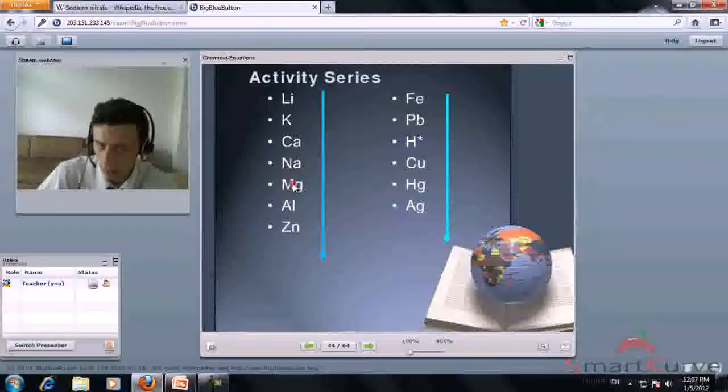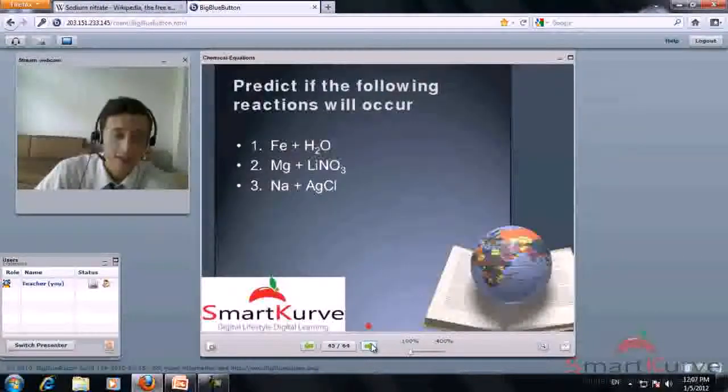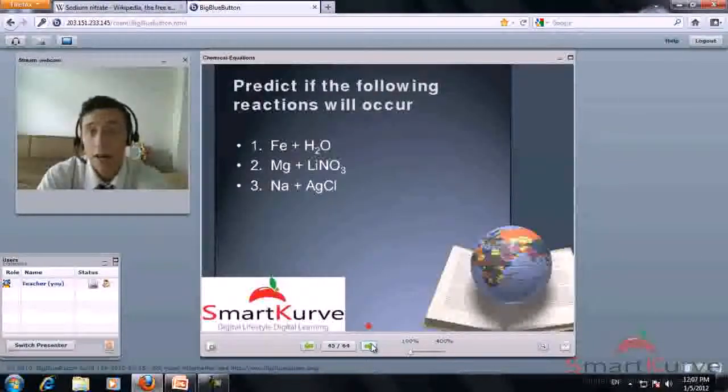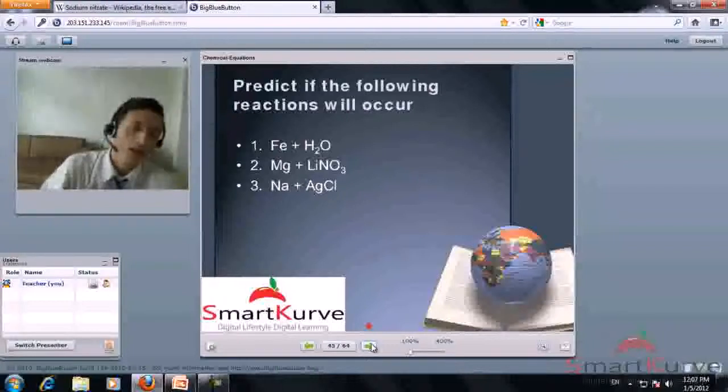However, it is below lithium, meaning that lithium is more reactive than magnesium. So, magnesium will not replace lithium in this reaction. So will that reaction occur? The answer is no.